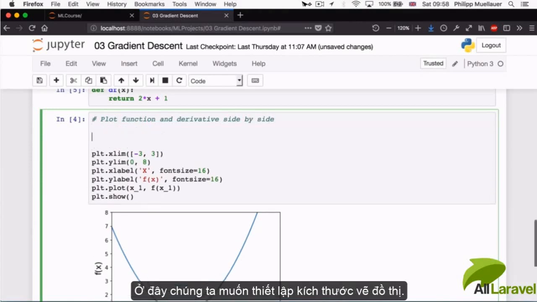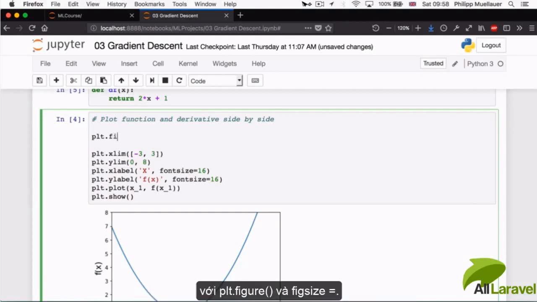In order to size our plot, we're going to have to set the figure size of our plot. So we're going to write plt.figure, parentheses, and then we're going to say figsize is equal to, and then we have to give it a width and a height.